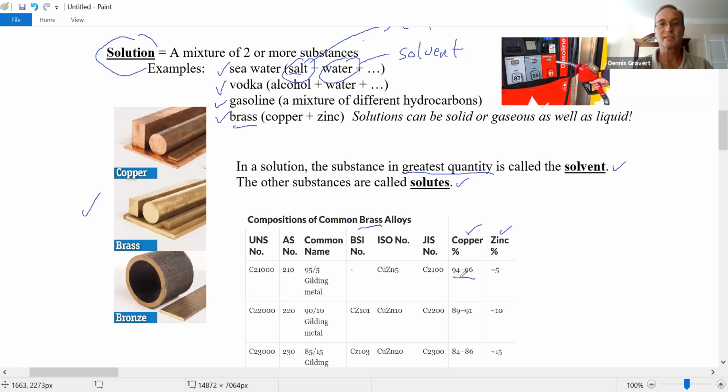Here, this type of brass has 94 to 96% copper and about 5% zinc. In that case, copper is the solvent, the thing in major supply, and zinc is going to be the solute. Simple as that. Solute and solvent. Scientists love putting new names on every new idea.